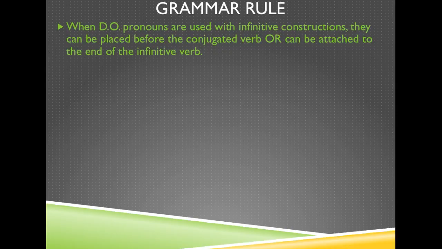Let's look at a couple of examples. You're familiar with the ir plus a plus infinitive verb formula to express that someone is going to do something. So here's an example. To say he is going to bring it, I could either say él va a traerlo, attaching the lo to the end of the infinitive verb to bring, traer, or I can put the lo before the conjugated verb, which would be va, and say él lo va a traer.